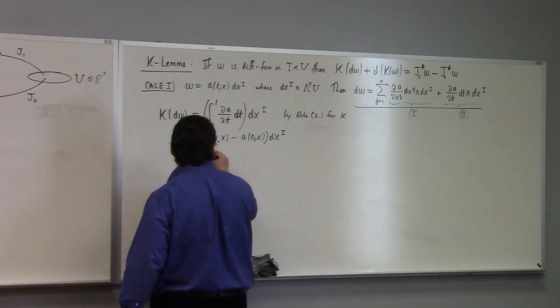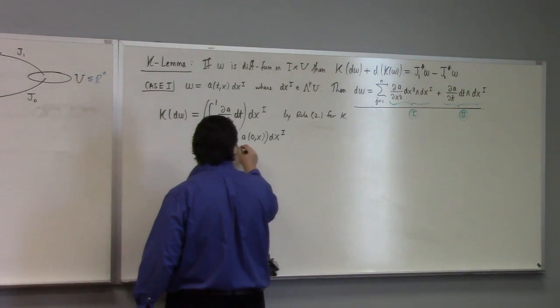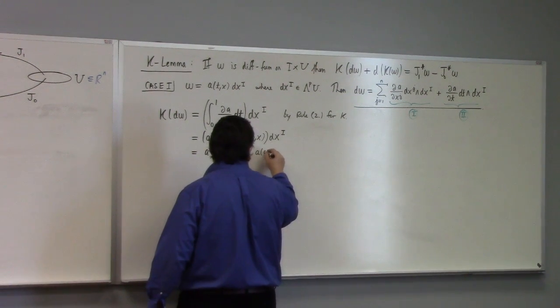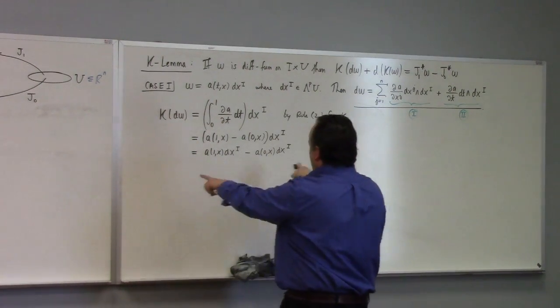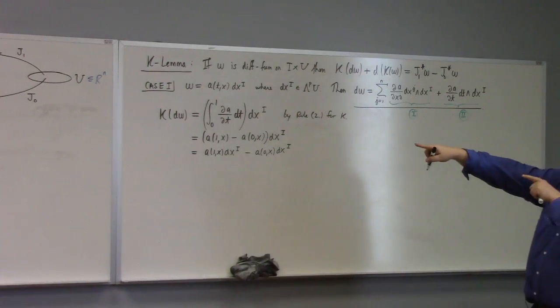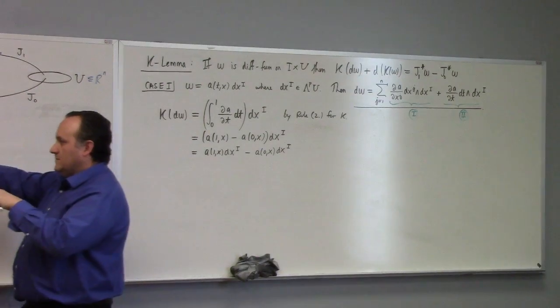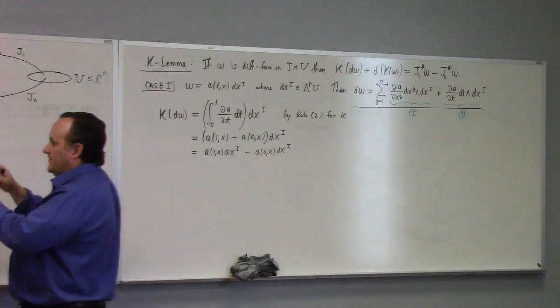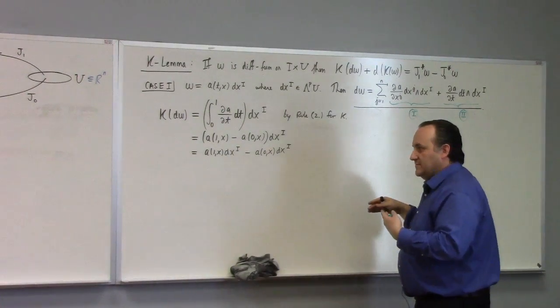So we're looking at a of 1 comma x, dxi, minus a of 0 comma x, dxi. Can you recognize what we're looking at here relative to my introductory calculation between the red lines over here? We can rewrite these as pullbacks of what?